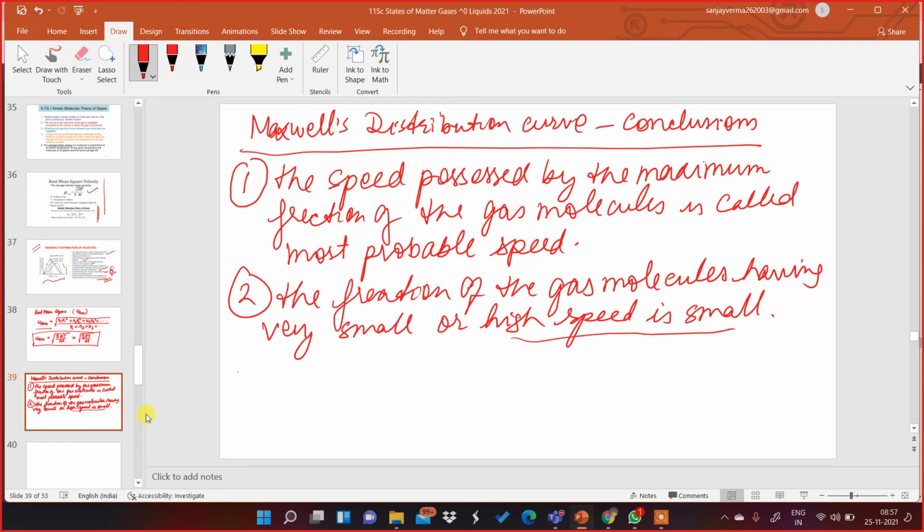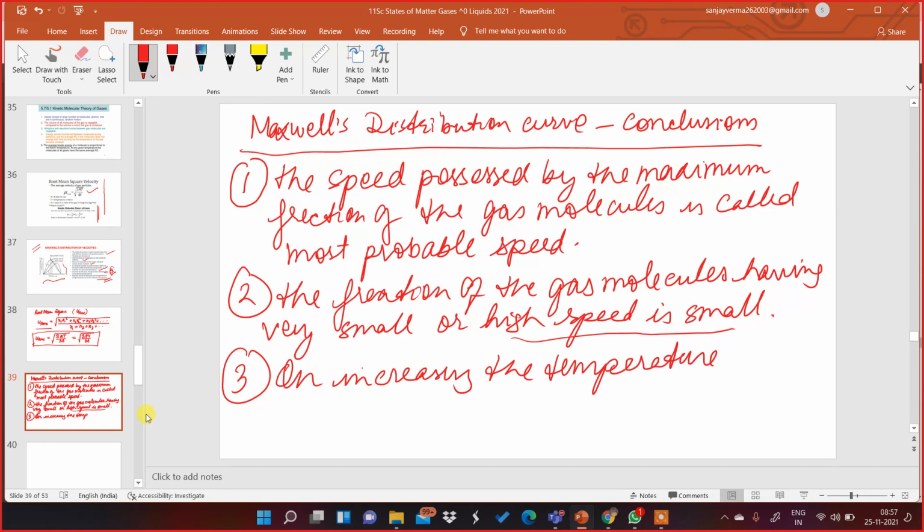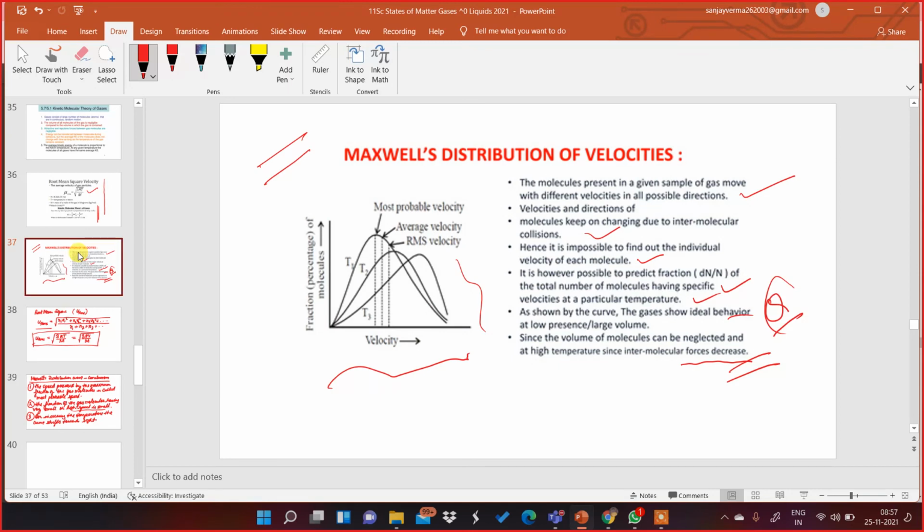Then the third conclusion is like this: on increasing the temperature, the curve shifts towards the right. This we have already seen from the curve. So after the conclusions, I think the idea is clear.